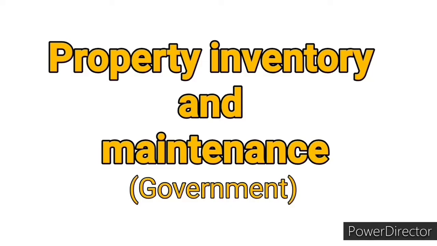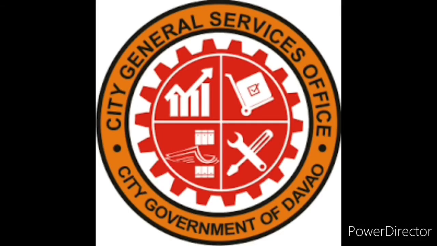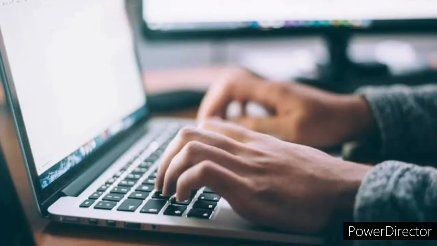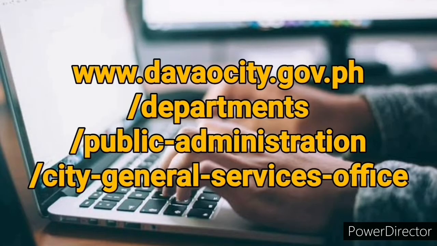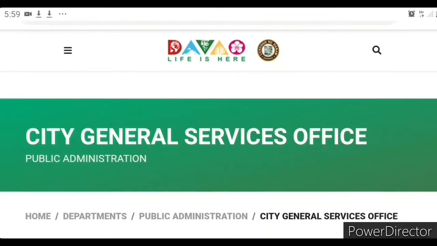Property inventory and maintenance in the government. Now, to discuss the property inventory and maintenance in the government, allow me to use the information in the City General Services Office of the City Government of Davao. To have that information, let's go to the www.davaocity.gov.ph/departments/public-administration/city-general-service-office.